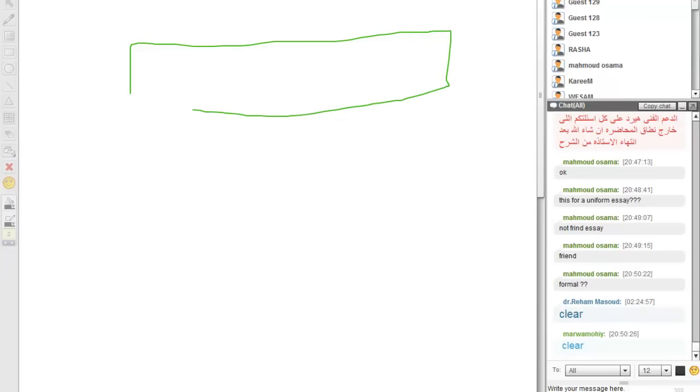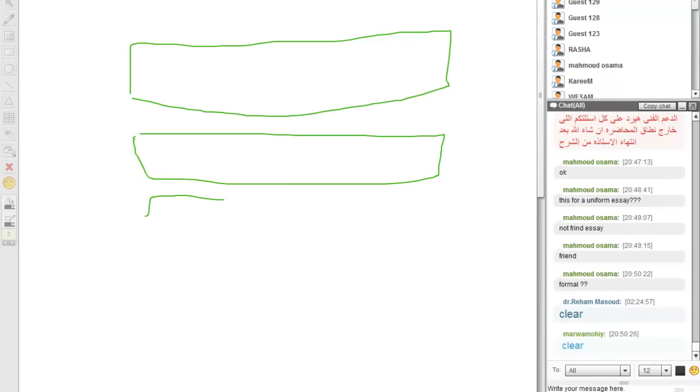Okay, so the first thing, introduction. This paragraph will be the introduction. This is the second paragraph, the third, the fourth. Let's say they are 5 paragraphs.